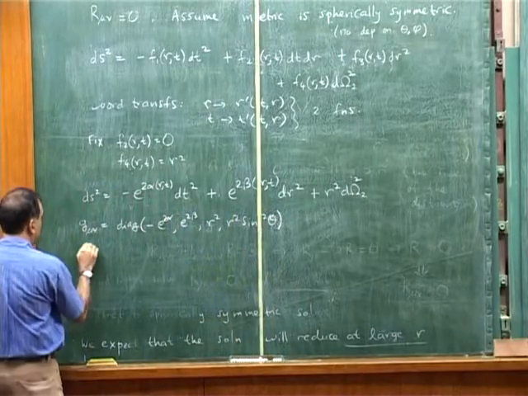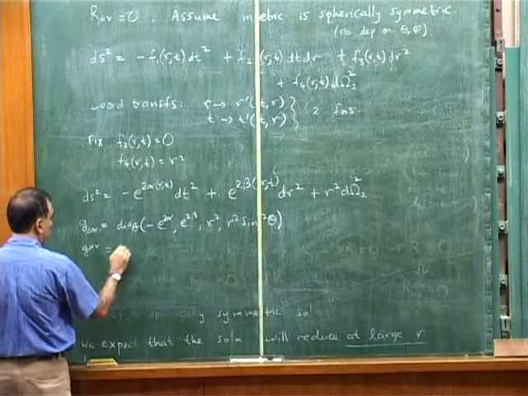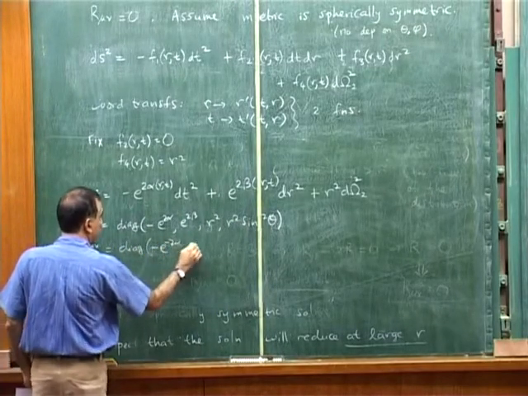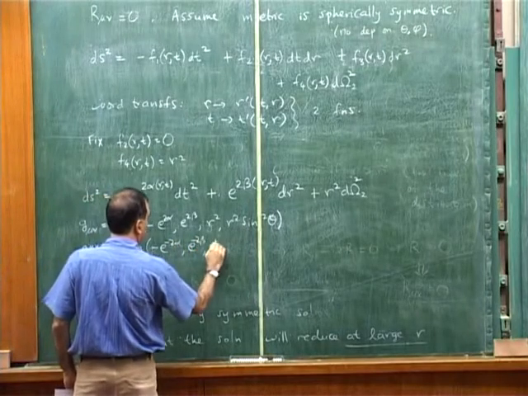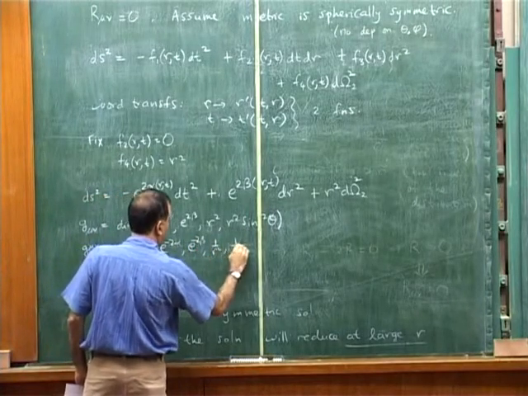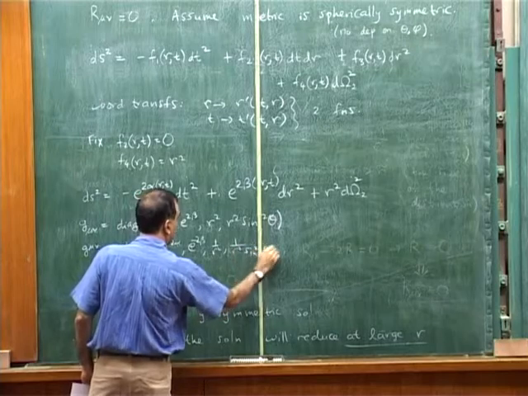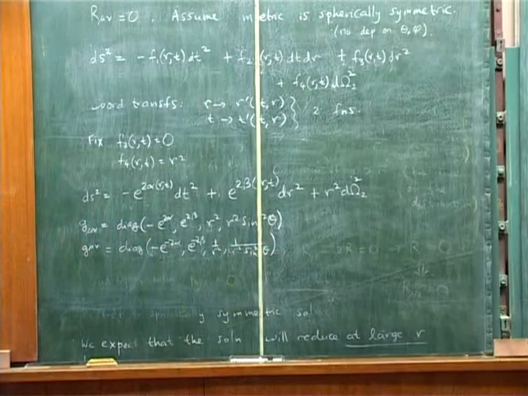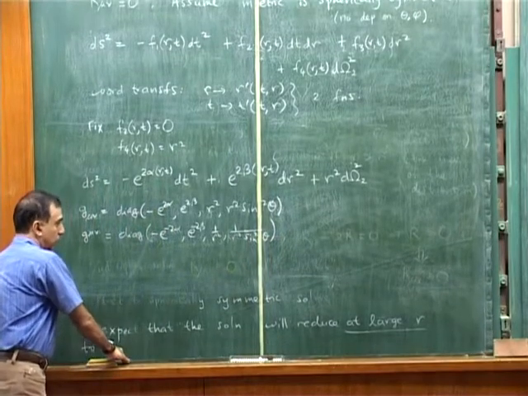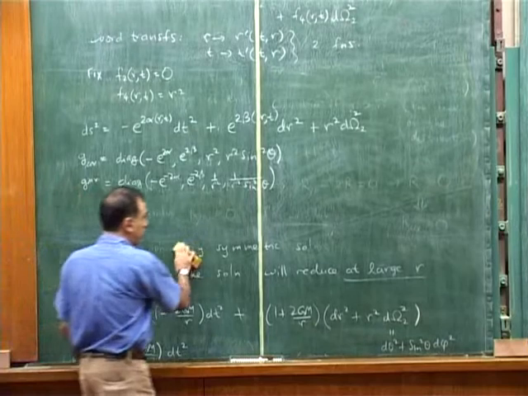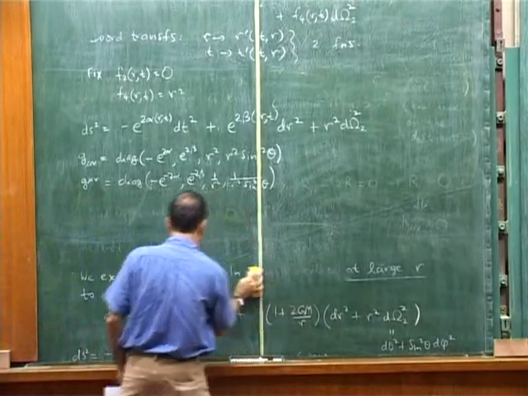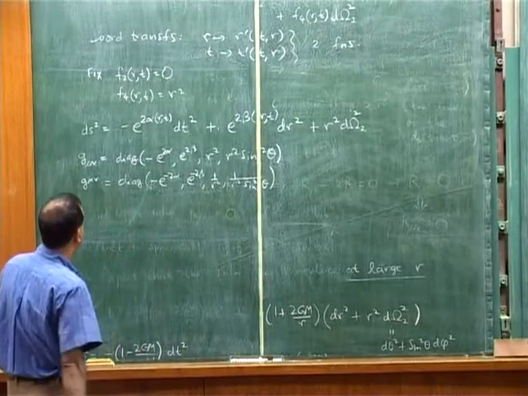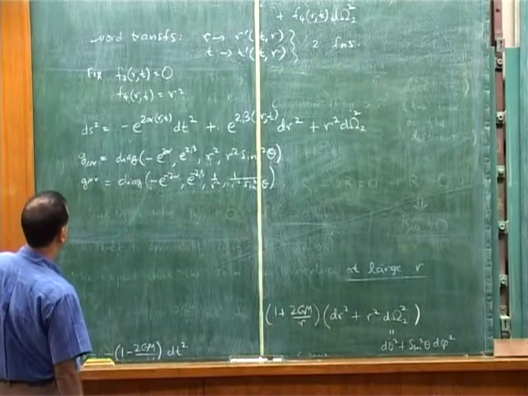It being diagonal is very nice because g upper mu nu is also diagonal, and this is this. So no problem here at all. Whenever you need g inverse, you need it in all the formulae. That's it. The dt dr term would have made this inconvenient, though not impossible.